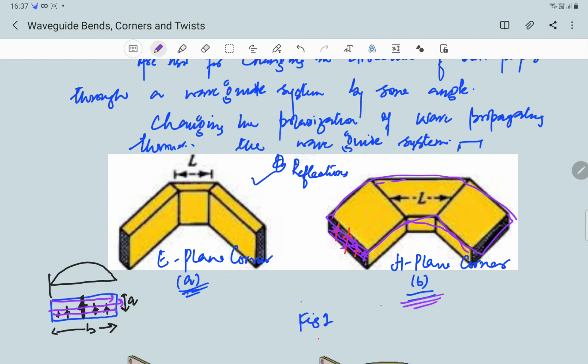So it lies in the same plane. So that's why it's called an H-plane corner. And likewise, in figure 1a, this is called an E-plane corner, because in this case the electric field is like this, and it lies in the same plane on which this corner lies. So this is called an E-plane corner.